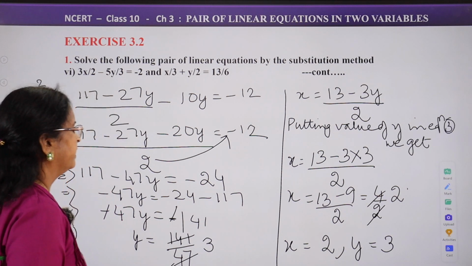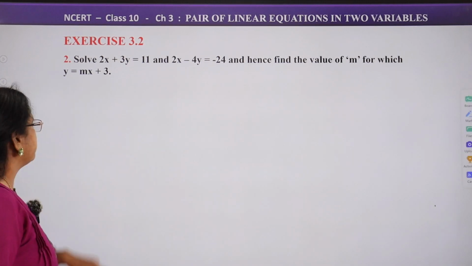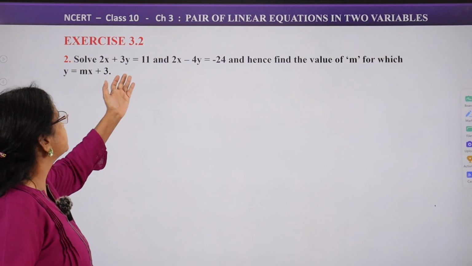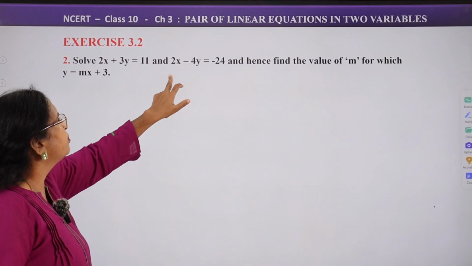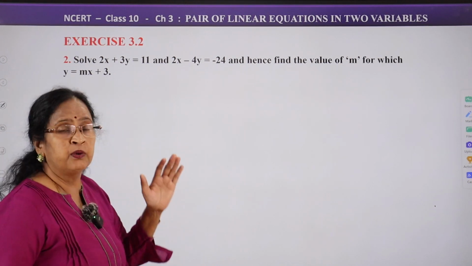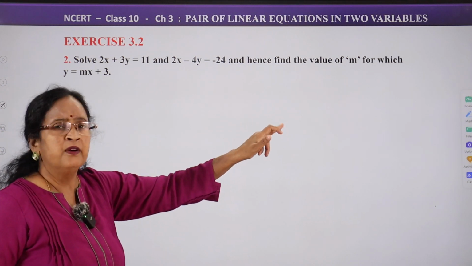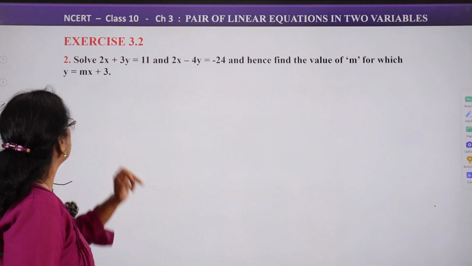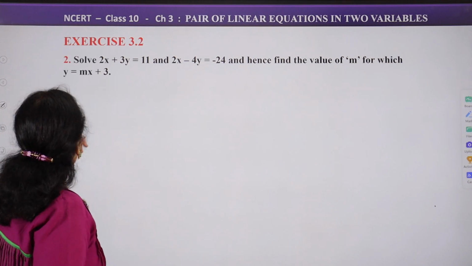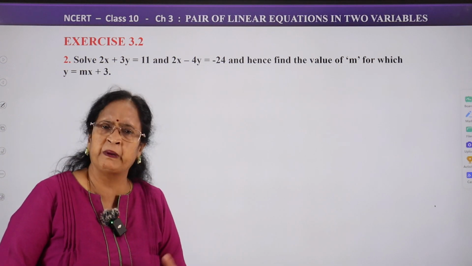Alright? Okay. Now, coming to the next question. Number 2, the question is solve 2x plus 3y is 11, 2x minus 4y is minus 24. Now, it's not only solve. Find the value of m for which y is equal to mx plus 3. Now, solving we have done lot of questions previously.